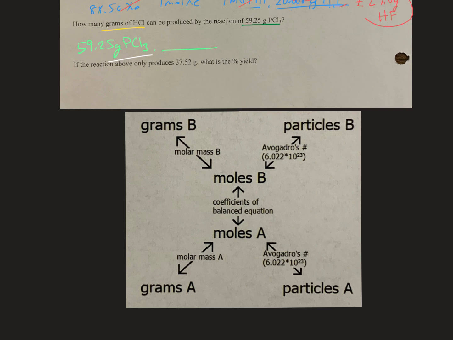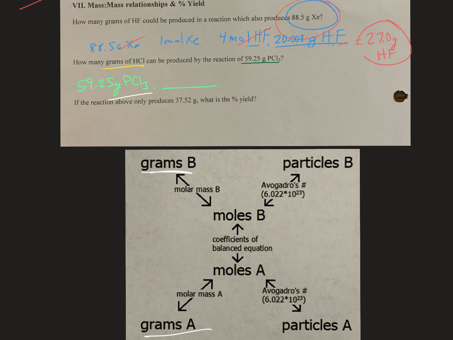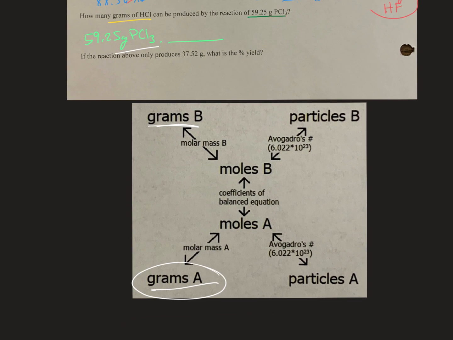Should I say that's grams of A? Okay, so this is where I'm starting, and I don't have to write it. I just know where I'm starting. And I want to go to grams of something different. So I'm going to go to grams of B. I'm going to start here and end here. How do I get there? I follow that path. 3 steps. 1, 2, 3. You with me?